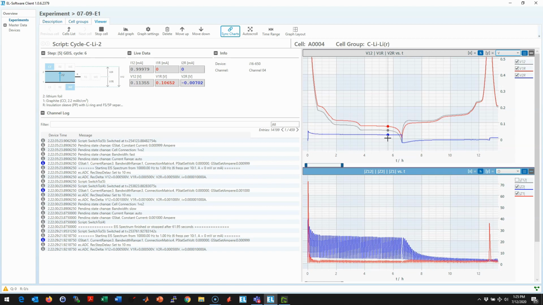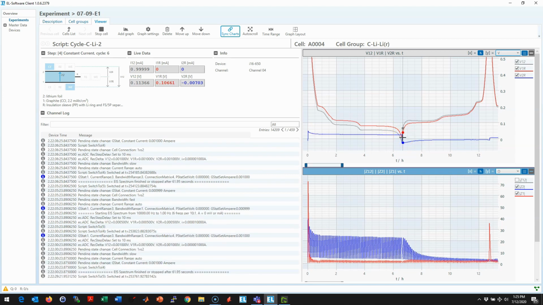So in the script we have defined as a vertex point when the graphite half cell voltage is 5 millivolts, then change the direction of current. And you see this pretty significant difference between the red curve and the gray curve. So it makes some difference whether you control the full cell voltage, the gray curve, or the graphite half cell voltage, the red curve.